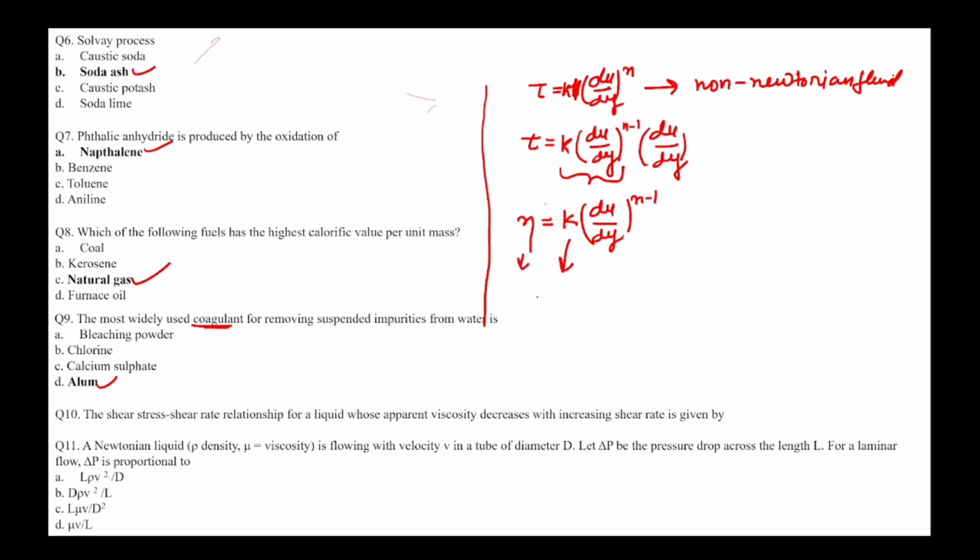This k is called the flow consistency index, and this n is called the flow behavior index, because depending on the value of n, whether n is less than 1 or greater than 1, we can tell whether the flow is dilatant or pseudoplastic. If n is equal to 1, the flow is Newtonian.